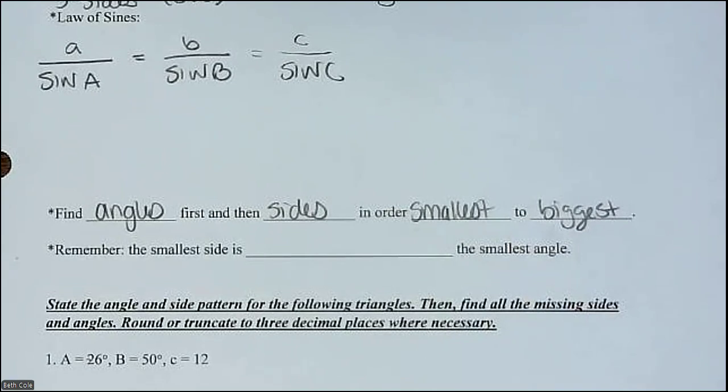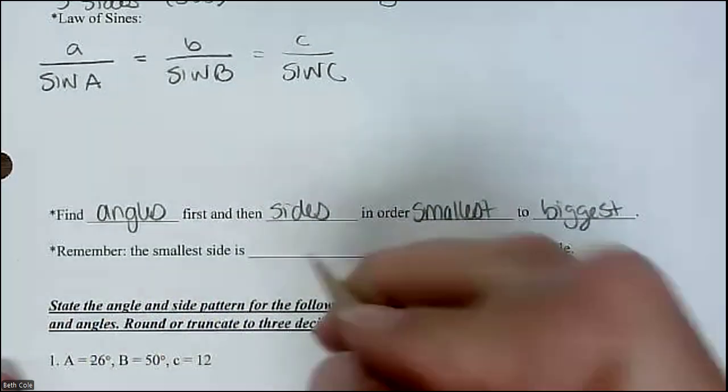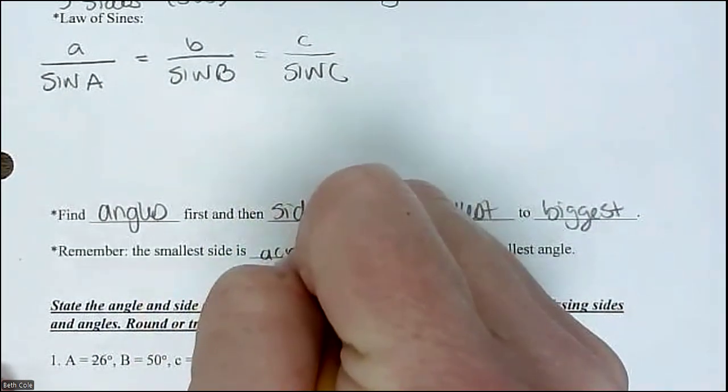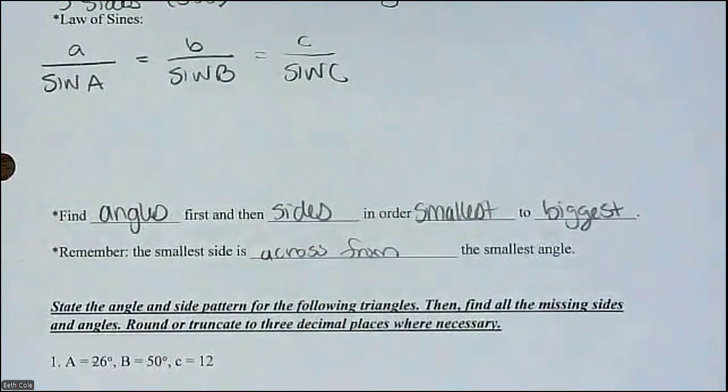Do it the same way every time. And remember, the smallest side is across from the smallest angle. The medium side is across from the medium angle, and the largest side is across from the largest angle. So that's a way you can check your work. Because if you have the biggest angle and you get an answer that's super tiny, you can be like, hey, wait, something is not right.